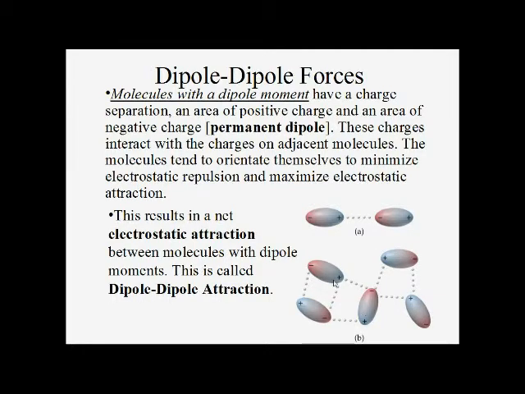And they'll try to make as many of those combinations as possible in the three-dimensional liquid or solid. So when we have a permanent dipole, a permanent charge separation, a polar molecule, this creates an electrostatic attraction between the molecules in both the solid and the liquid phases. This helps hold the solid as a solid and helps hold the liquid as a liquid.